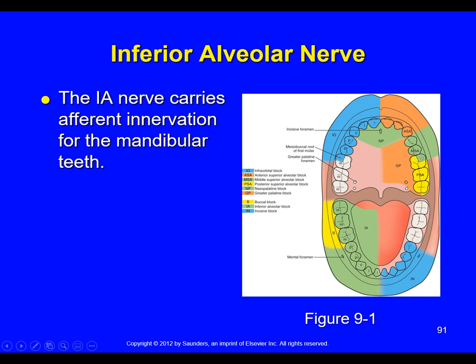That is the buccal nerve itself. So if we were wanting to numb somebody to work on one quadrant, and in this picture it would be quadrant 4, if we were wanting to numb this whole quadrant, we would need to do the IA injection in the back here, and then we would also have to do a buccal injection to get that buccal gingiva anesthetized.